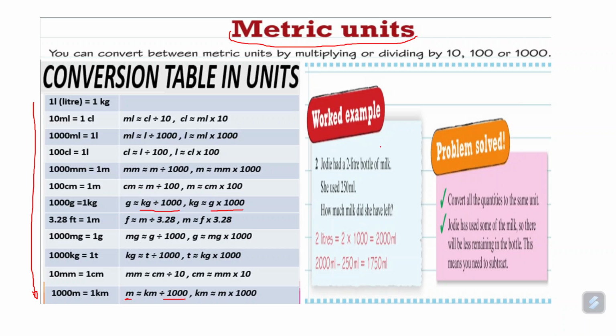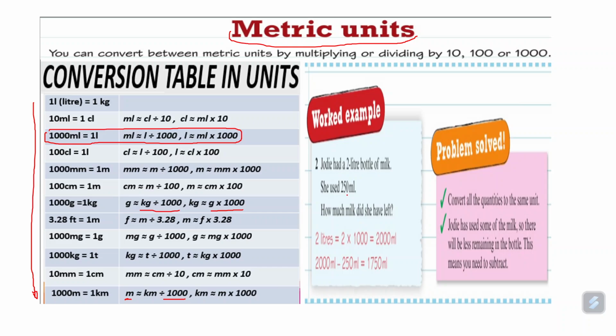So let's take for instance, look at this. Jody has a 2 liter bottle of milk. She used 250 milliliter. How much milk does she have left? So we say 1000 milliliters make 1 liter. What we need to do is convert everything.